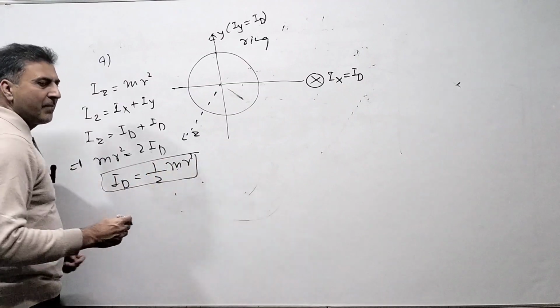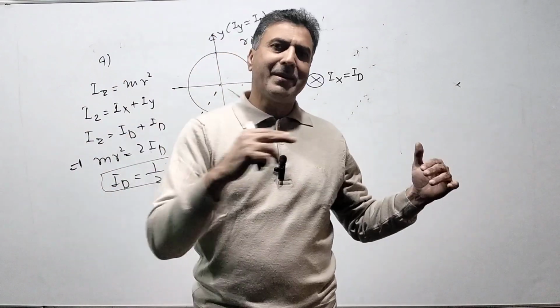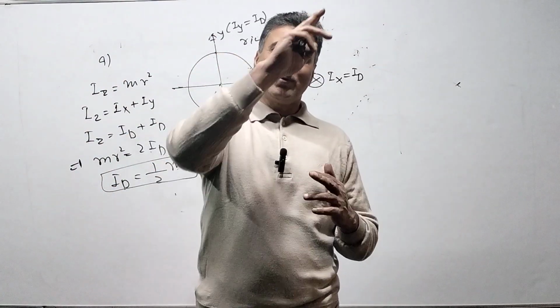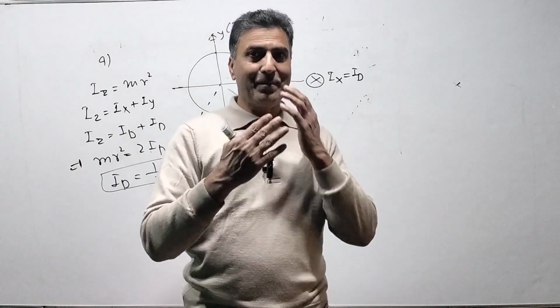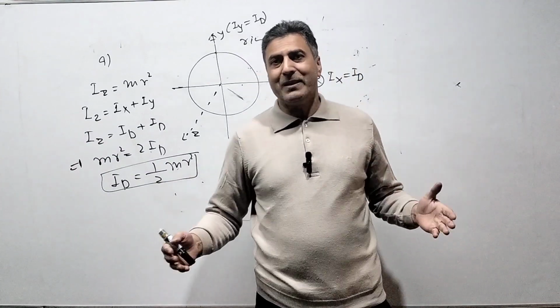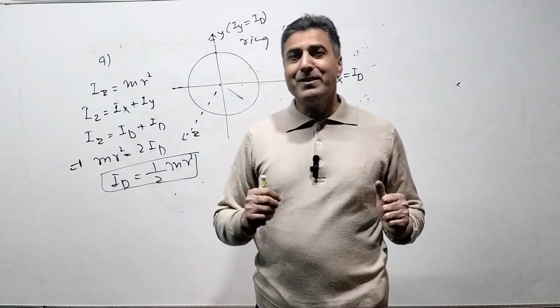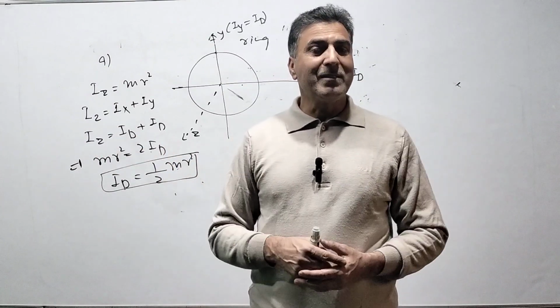That is the answer. Now, the moment of inertia of a ring about a diameter axis, any line in the plane of the ring, not perpendicular, is 1 by 2 mr square. So you have used a good theorem to find your answer. Otherwise, it would have been a difficult problem using calculus.